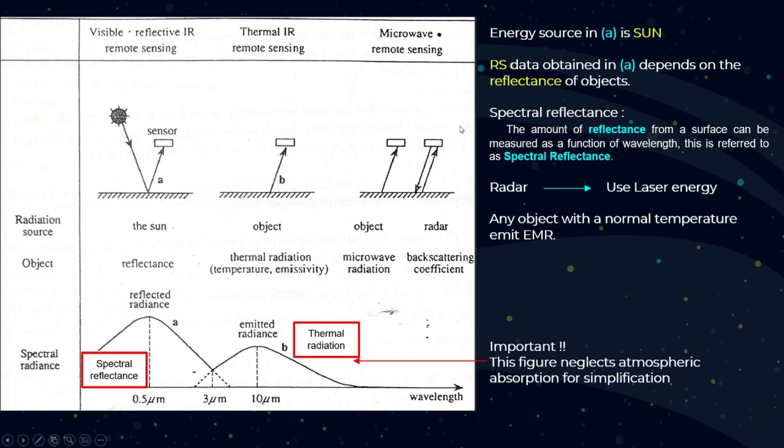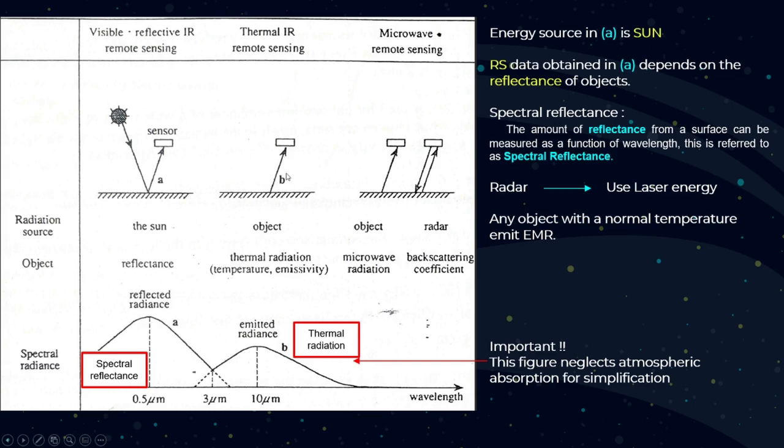The source of radiant energy used in thermal infrared remote sensing, which is represented by this B letter, is the object itself, which means the energy is produced by the object itself.